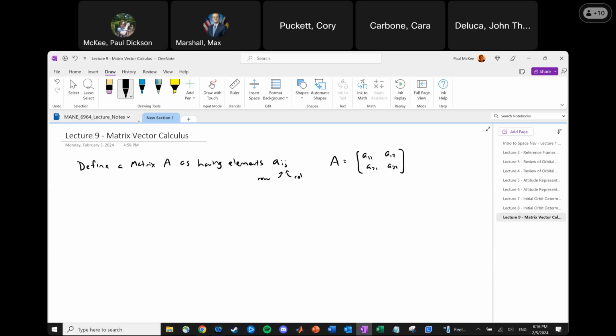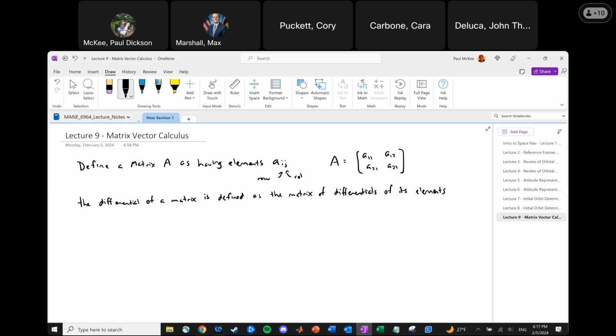Okay. The differential of a matrix is defined as the matrix of differentials of its elements.